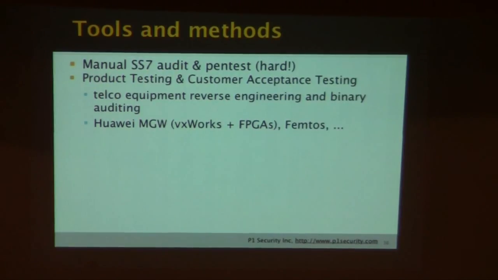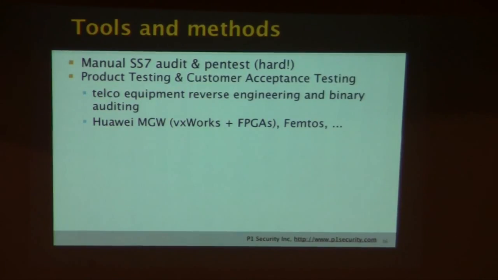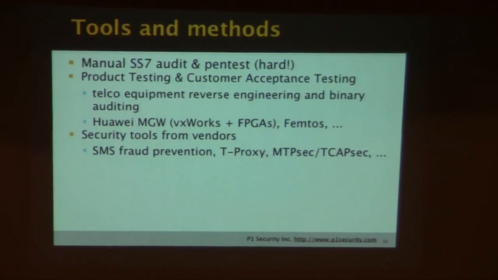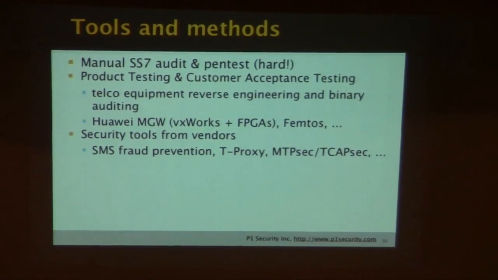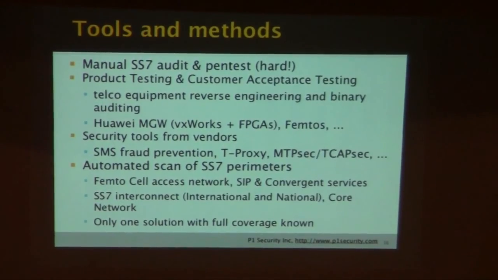There's some customer acceptance testing being rolled out now to accept or not some kind of equipment depending on whether they are secure. So it's starting to get into the practices of telcos. There start to be some security tools from the vendors themselves, very rarely used, except for SMS fraud. And then automated scanners of SS7 perimeters. Right now there are very few solutions.